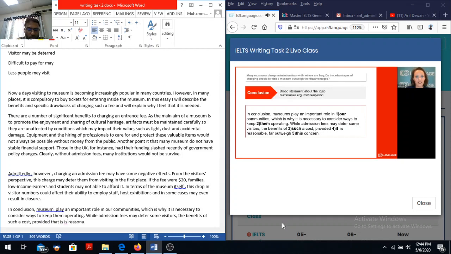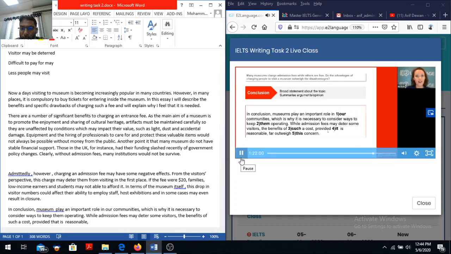So provided or provided that. Just provided is a shortened form of provided that, so it's absolutely fine. And this is summarising, that I believe that the benefits of charging a fee outweigh the disadvantages. Okay, so that's the conclusion.